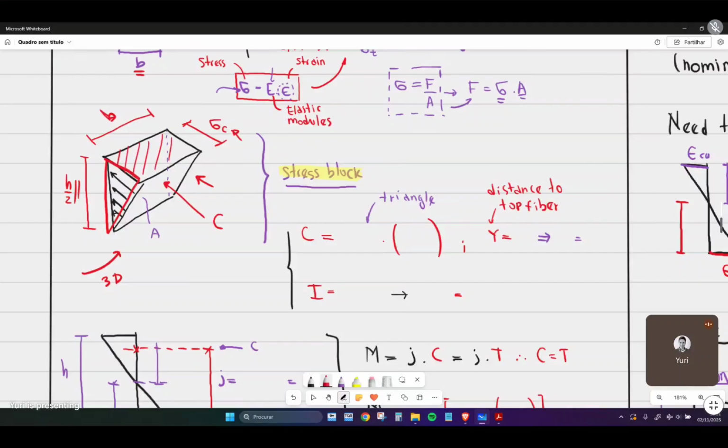If we get this volume, the volume of a triangle, and multiply by the stress, we get the compressive force at the center of mass of this stress block. The calculation is quite simple: it has a triangle shape, so its height is over 2, the stress of the force divided by 2, and the volume of this triangle is half of the section multiplied by b.